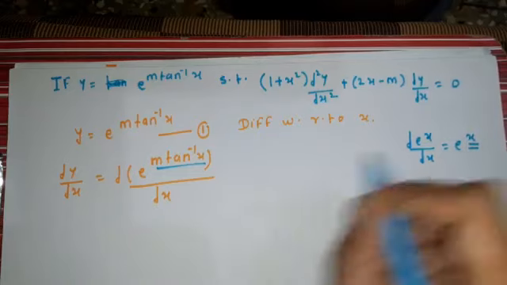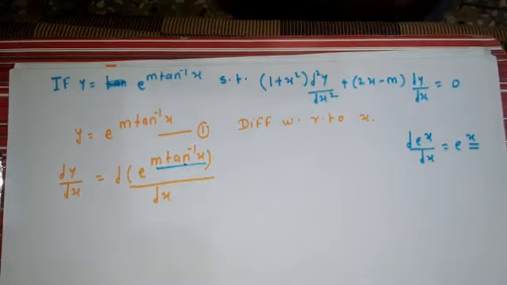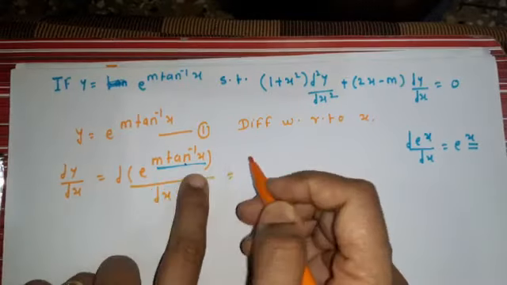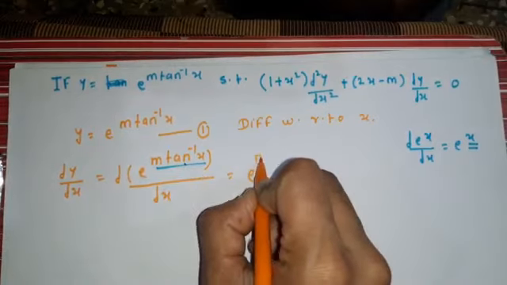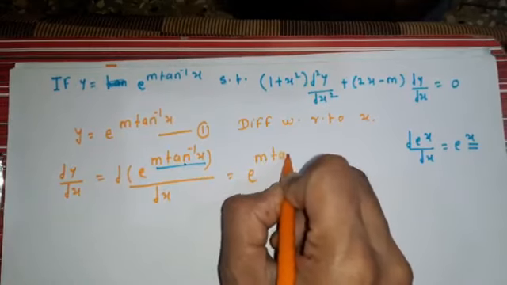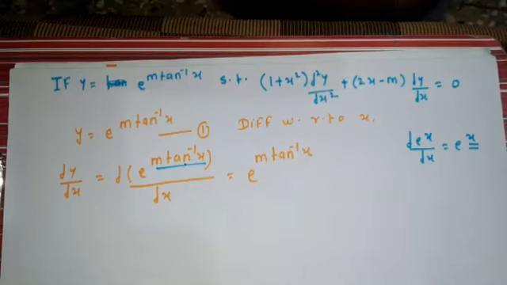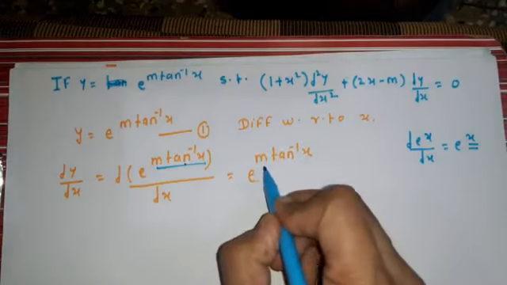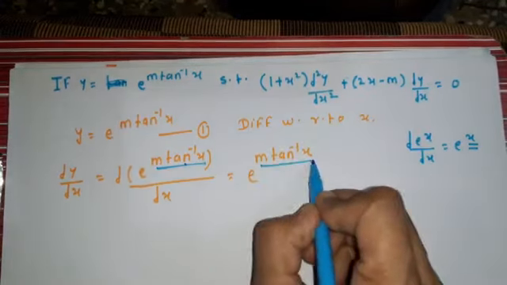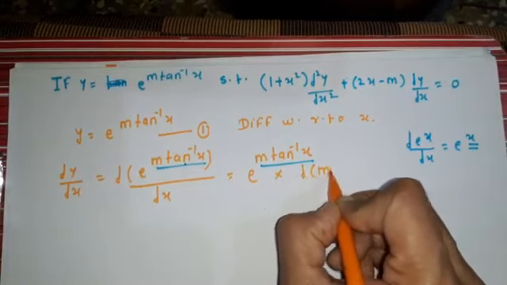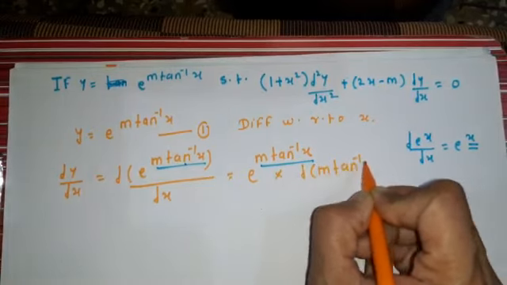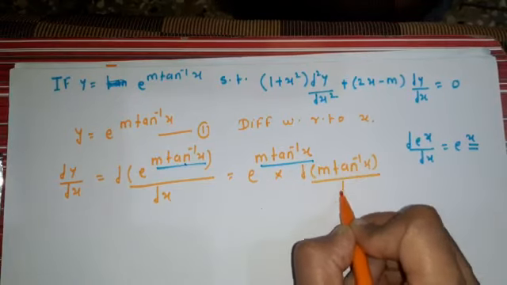So the differentiation of e raised to m tan inverse of x is e raised to m tan inverse of x. But see students, this m tan inverse of x is again a differentiable function, so again differentiate it, into the differentiation of m tan inverse of x with respect to x.